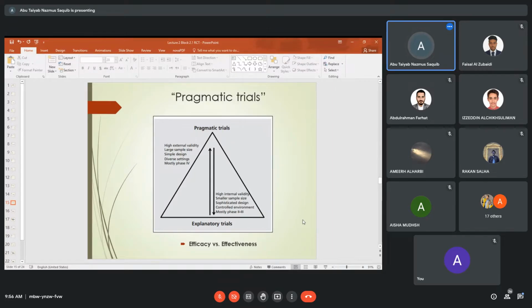But if you look at everybody, whether they completed the study or not, whether they took the drugs or not, then it becomes a pragmatic trial. Bigger community-based trials are also called pragmatic trials because these are effectiveness trials, not efficacy. Efficacy is about those who are serious, those who complete the trial.